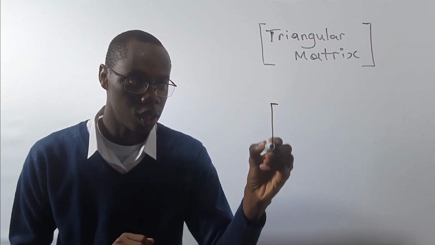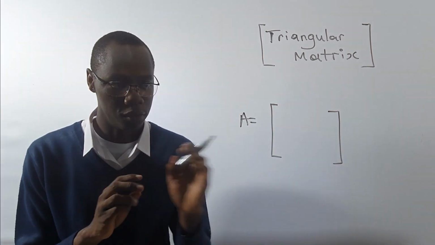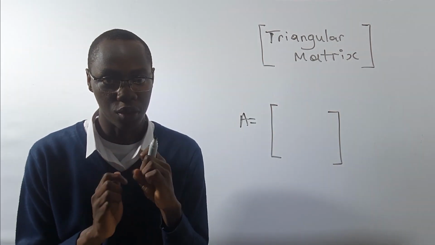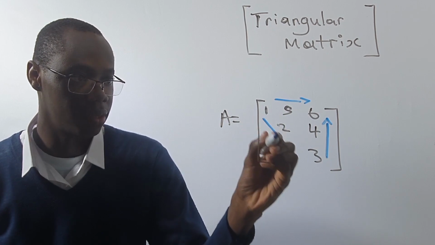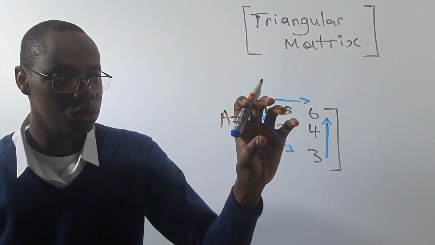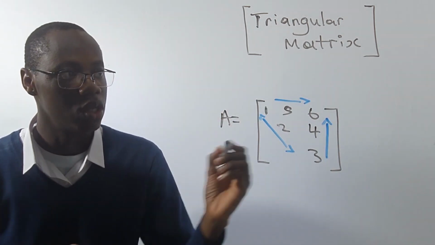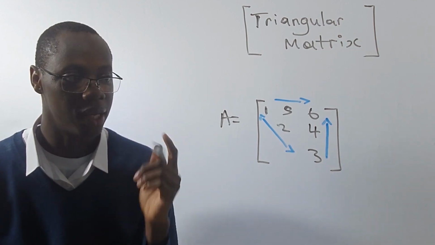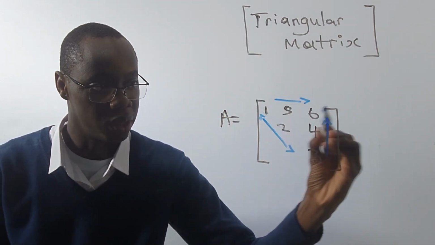So the triangular matrix is another very important matrix. So you need to listen carefully about this matrix. No, you will get it confused, but it's very, very simple. It's all a pattern. So you can see it's like this kind of triangle, like this. So there are 2 types of it, by the way, but let's just get the concept down first. It's a matrix that has real elements above the principal diagonal.